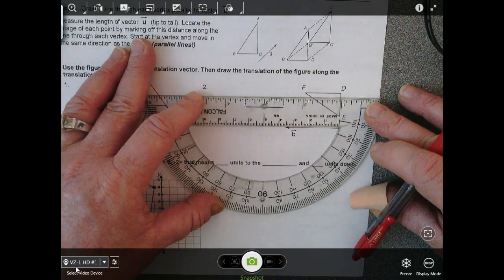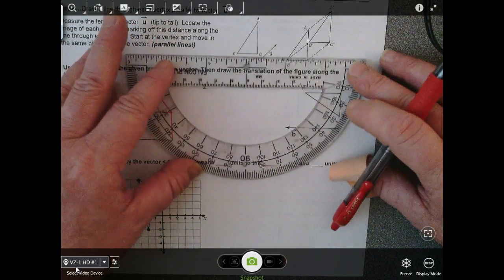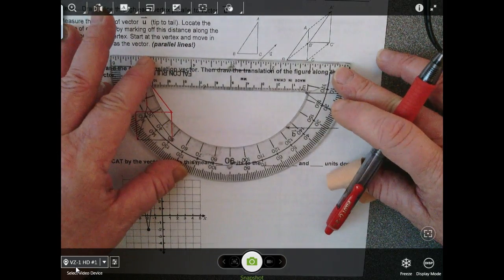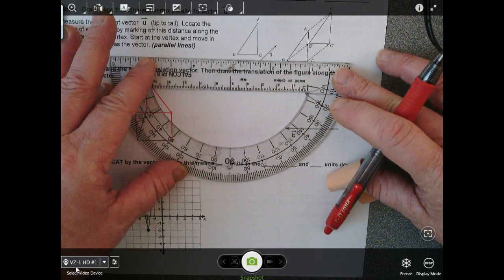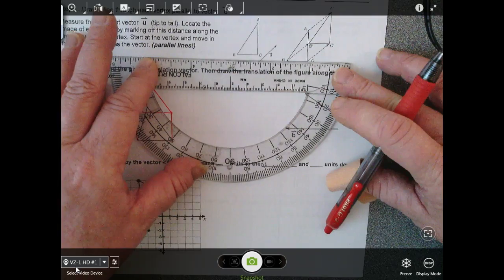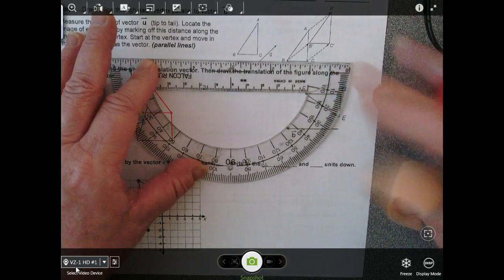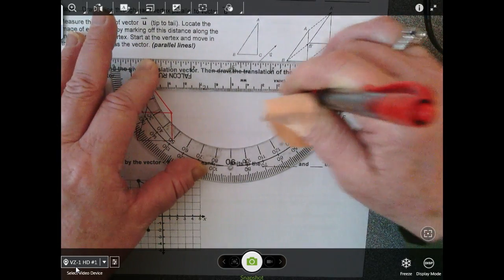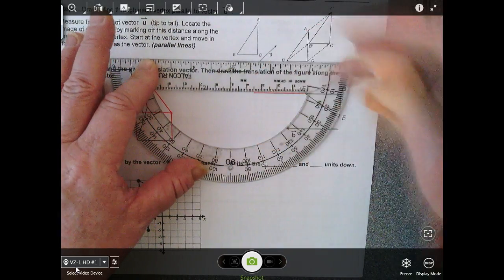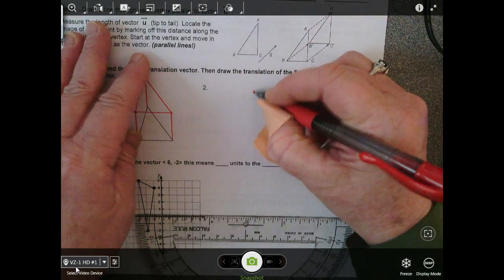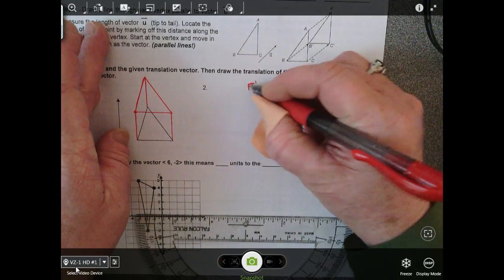Let's go with 3.5. All right, so go up to the corner F. Don't cover it up with your ruler. We're just going left, straight left, so try to keep horizontal with your paper. And that would be F prime. We need to label these now.